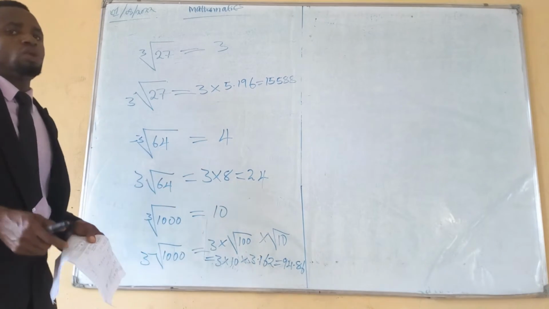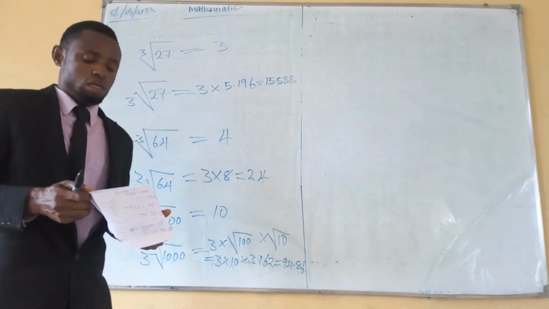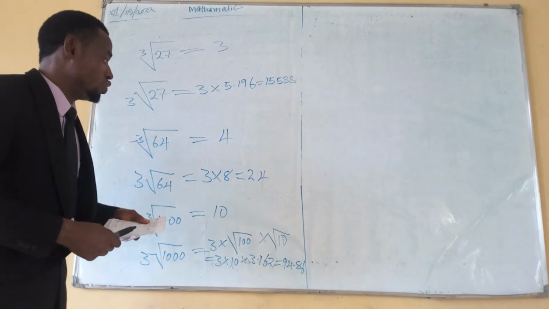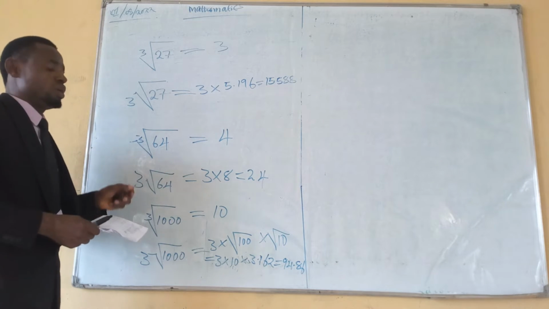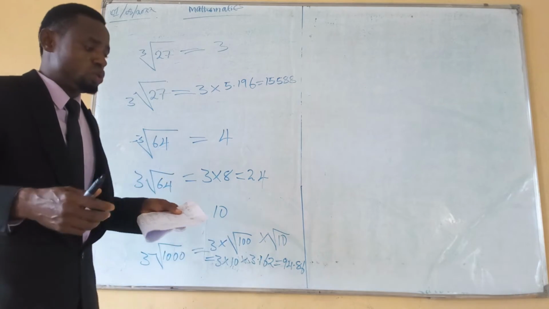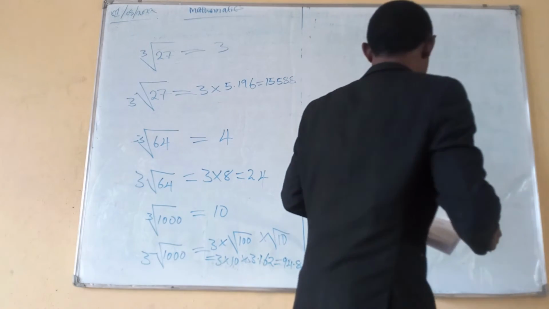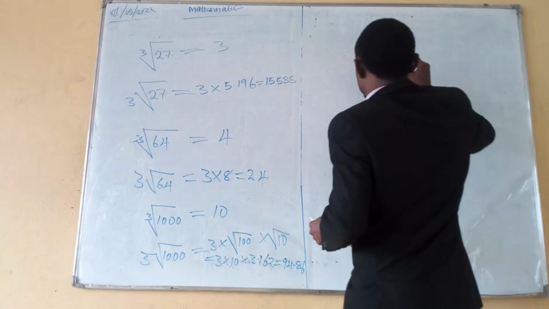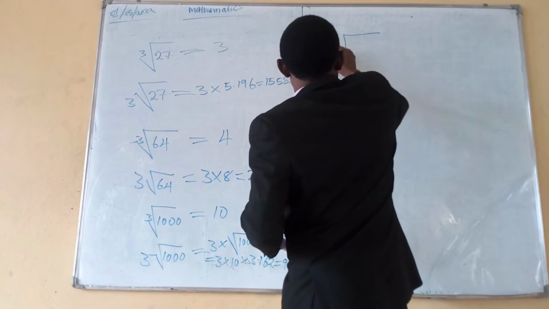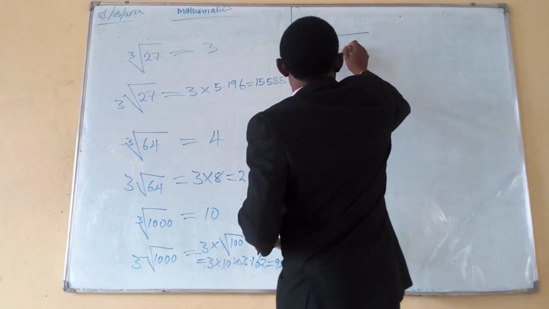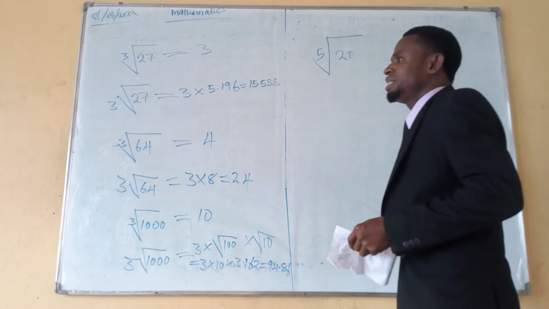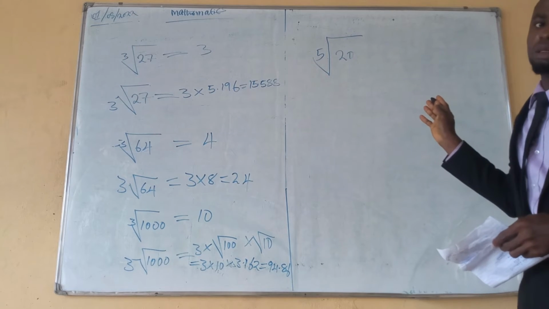You see this? So I believe strongly that after today, when you are sending me a question that has to do with roots, okay, you be careful. You know the correct way of writing it so that there will be no mix-up to understand each other very well. Okay? So if you write like this, let's say 20, this means the 5th root of 20.